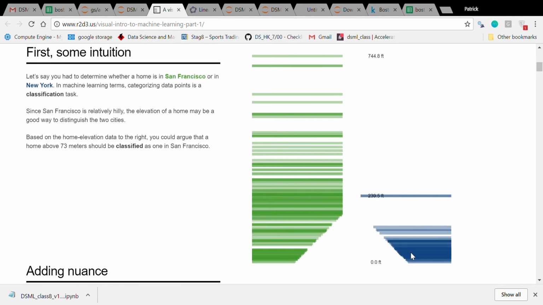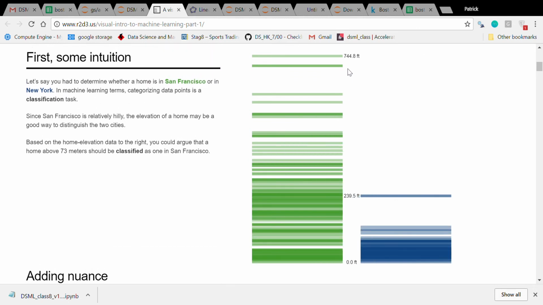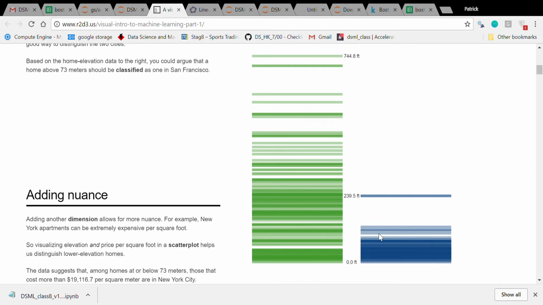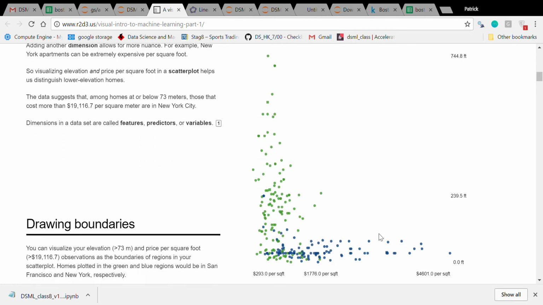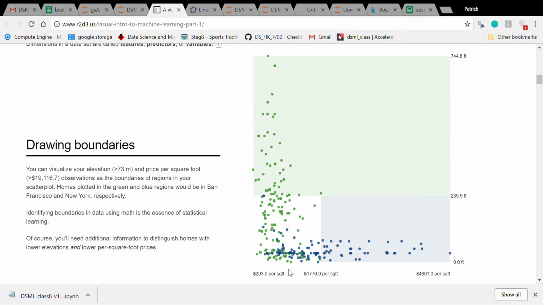It means the flats in San Francisco are a lot bigger than the ones in New York. And this is the distribution of the area and the price per square foot, comparing New York and San Francisco.